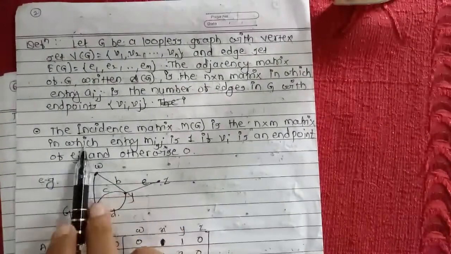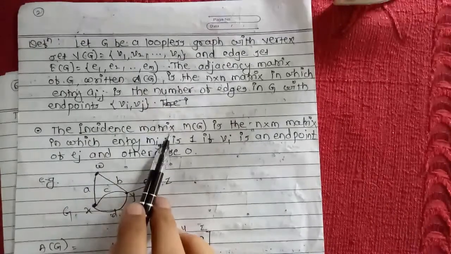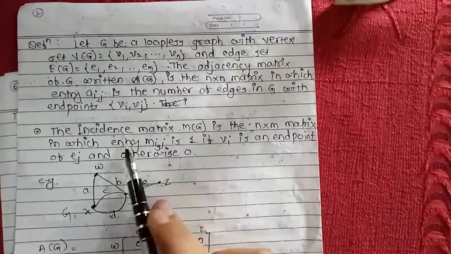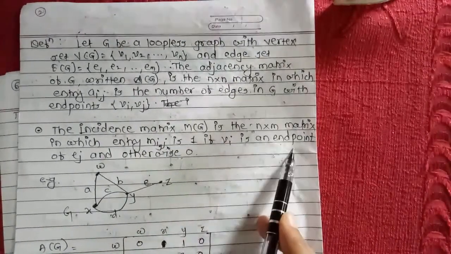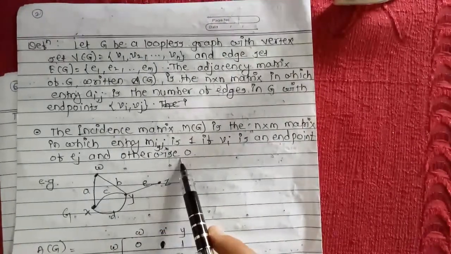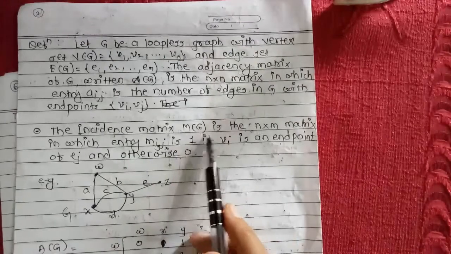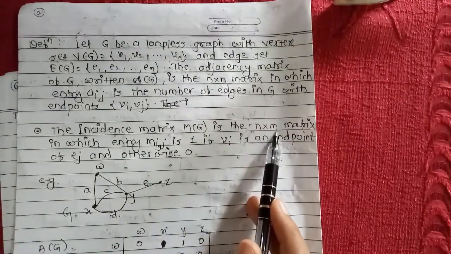So, the next definition is the incidence matrix. The incidence matrix M of G is the n by m matrix in which entry Mij is 1 if Vi is an endpoint of Ej, and otherwise 0. M of G, the incidence matrix, is an n by m matrix. That means number of vertices by number of edges, right?